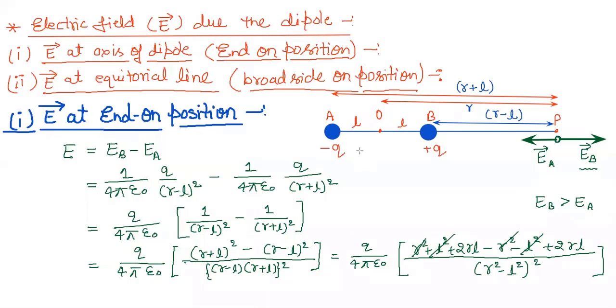P is always from minus to plus, right? P vector. And the net electric field is along the electric field having the greater magnitude, so B is greater, so the net electric field will be along this direction.